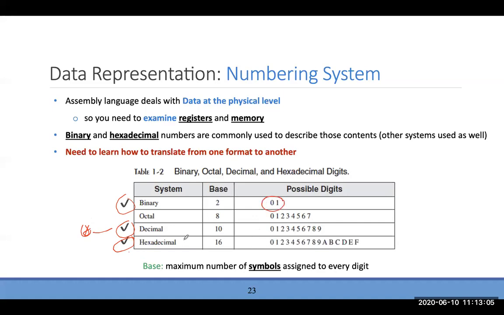You might ask, why do I need to learn hexadecimal? It's heavily used, especially in addressing memory. So this is also a machine language. Hexadecimal is well known, and you will see that when you start playing with the debuggers and once you see the exercises, you will understand the importance of those. If you want to examine a register or memory, you're going to see things in binary.